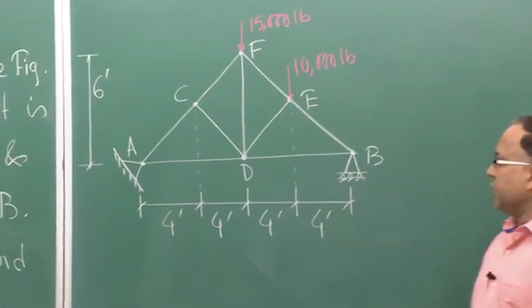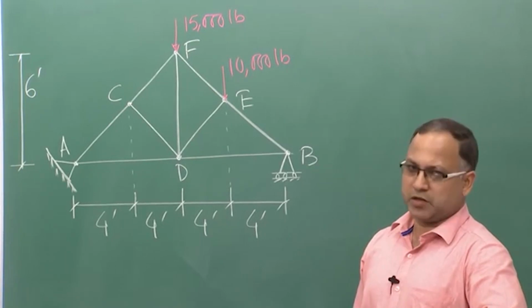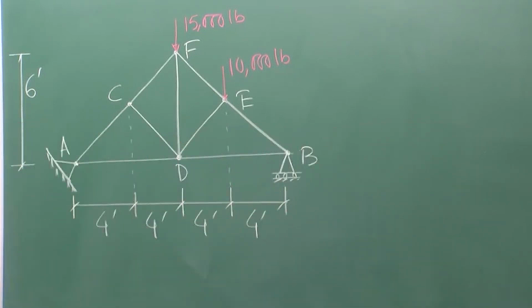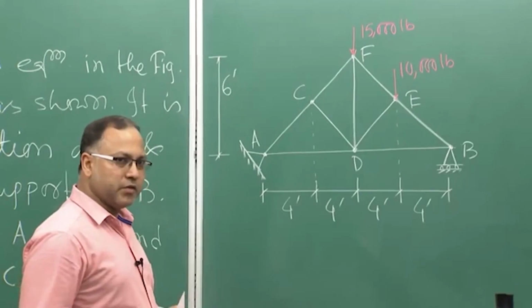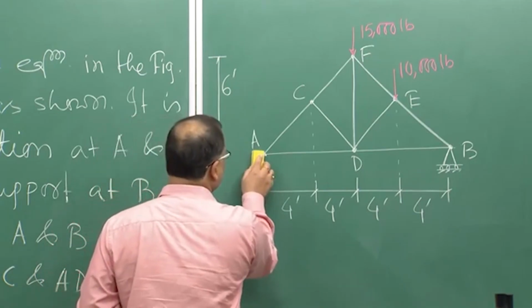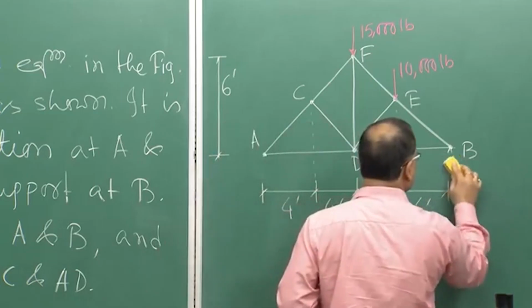My first job is to draw the free body diagram of this truss. Am I right? So, if I want to draw the free body diagram of the truss, I should remove the truss system from the supports. The supports will be replaced by the forces.